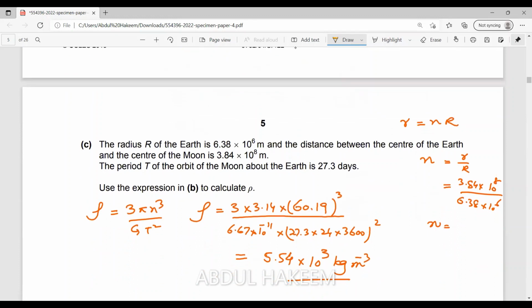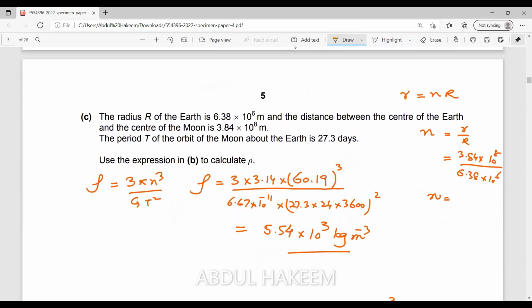Next, the question is, the radius of the Earth is given, and the distance between the center of the Earth and the Moon is also given. Look, the radius of the orbit is represented by nR. So n is equal to the orbit radius divided by R. The radius of the orbit is given, radius of the Earth given. So when you divide it, the answer is coming 60.1.